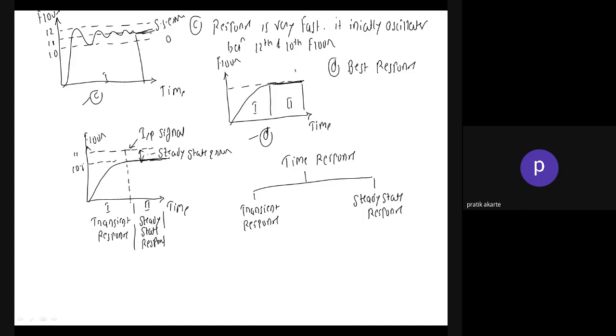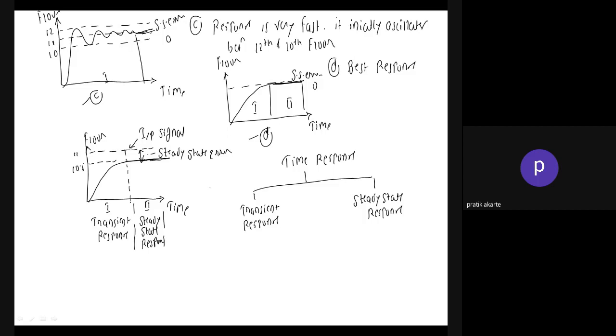So here also your steady state error is zero. So what we want is the steady state error to be zero. By looking at these diagrams, we can say that the transient response may be exponential, as in this case, or it may be an oscillatory type of response.